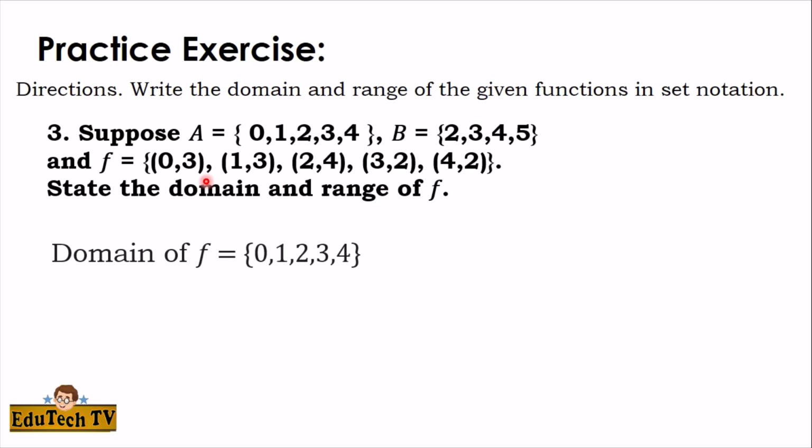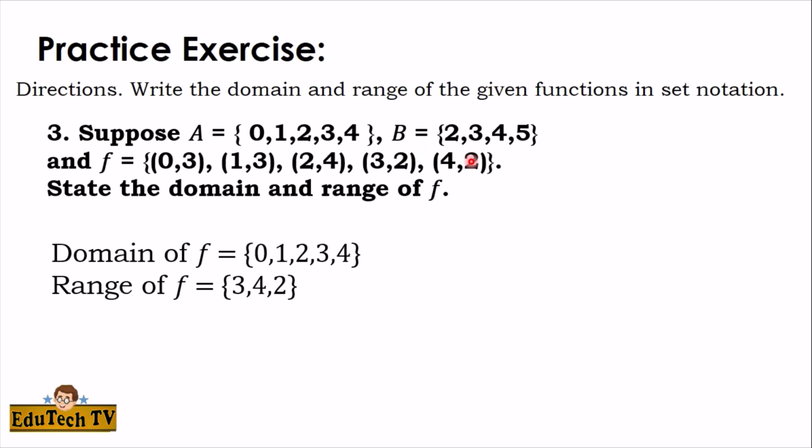So, una, ano ba ang domain? Ang domain natin, we have 0, 1, 2, 3, and then 4. Ngayon, yung range natin, we have 3. Pag may naulit, isusulat lang natin ng isa. Okay, di ba yung set natin noon? If natatandaan ninyo, pag may naulit, isulat lang ng isa. We have also 4 as our range. So 4 at 2.